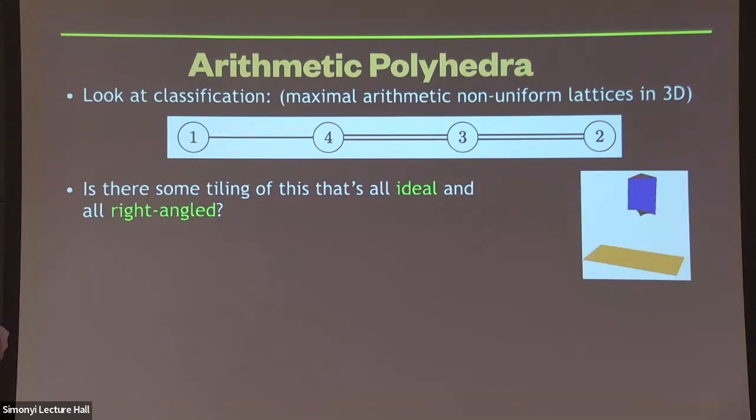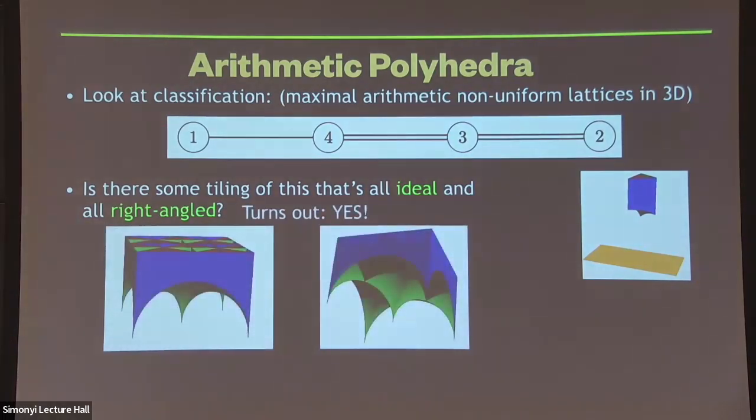So maybe if I take 3 copies of this thing and glue it across walls 1 and 4, that'll straighten things out. There's a long string of arguments about how to do this, and it turns out that when you take 48 copies of this guy, you get this shape, which is indeed all ideal and all right angled.